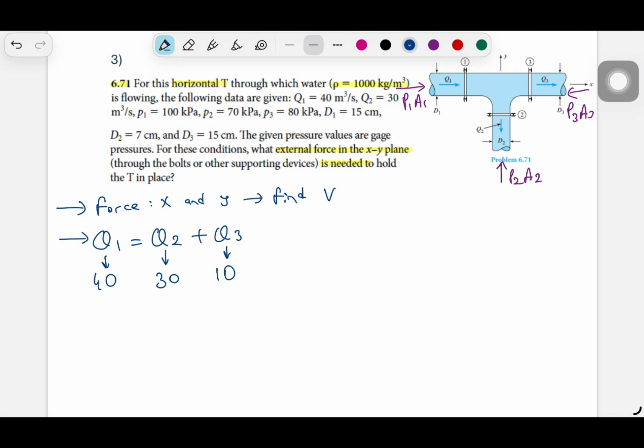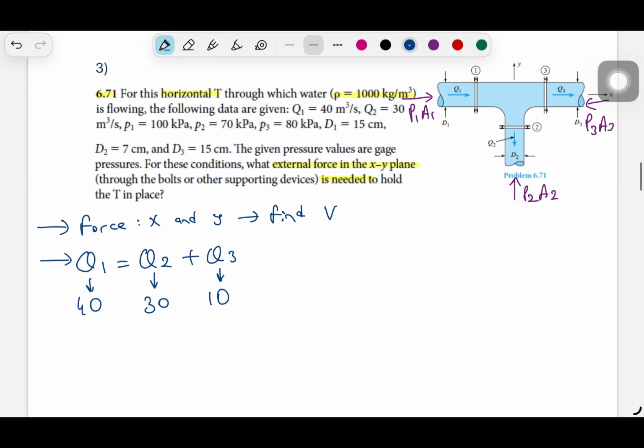And actually, in the solution, we are using 0.4. So let me make it 0.4 cubic meter per second, 0.3, and 0.1.